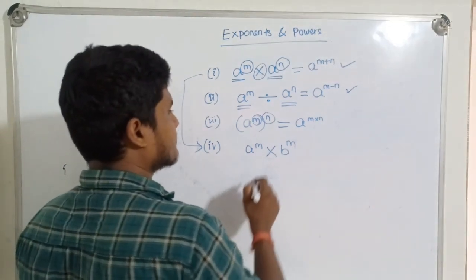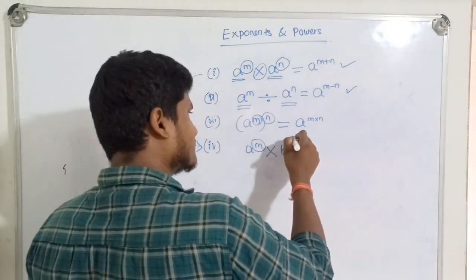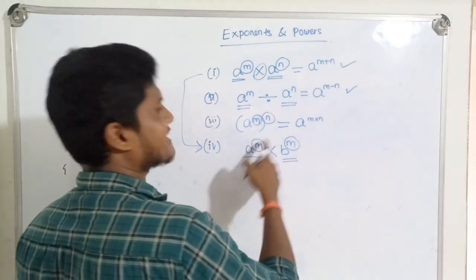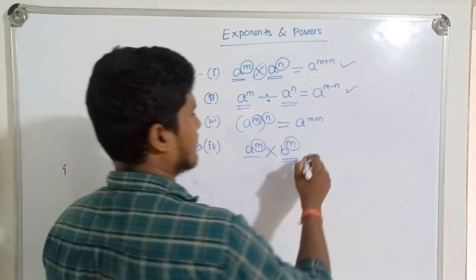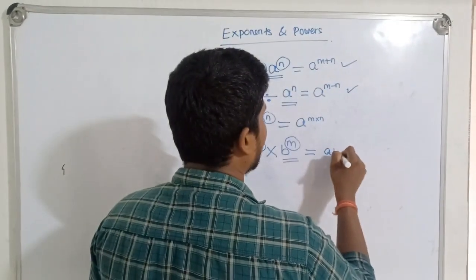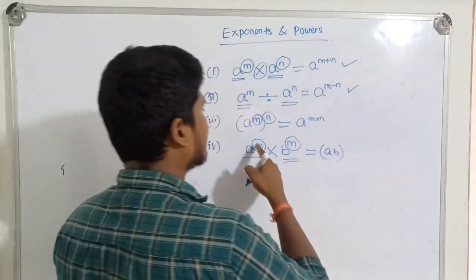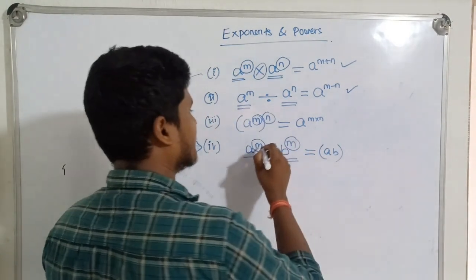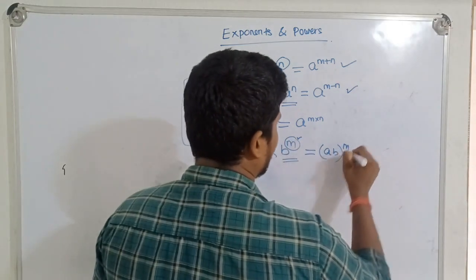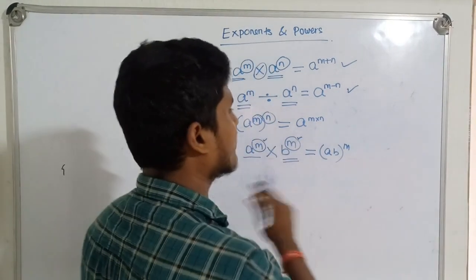Here look, these powers are same but bases are different. Just multiply these two numbers, that means a multiplied by b, ab, and in the bracket just keep this common power, that means power m. So write it down: ab to the power m.